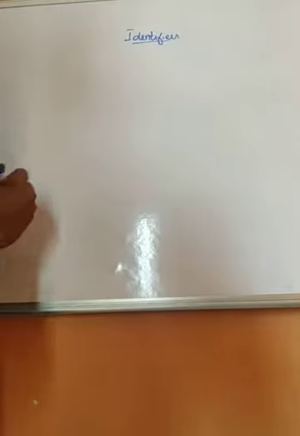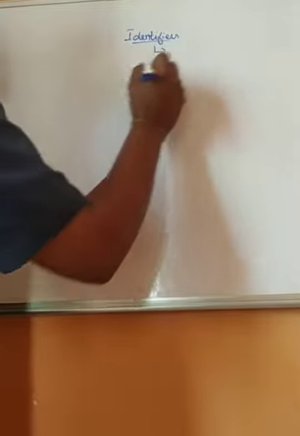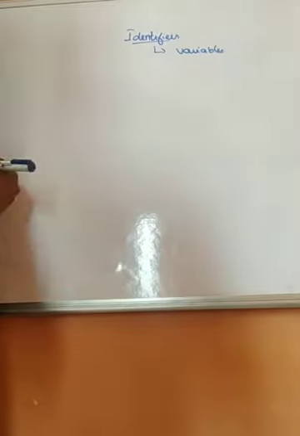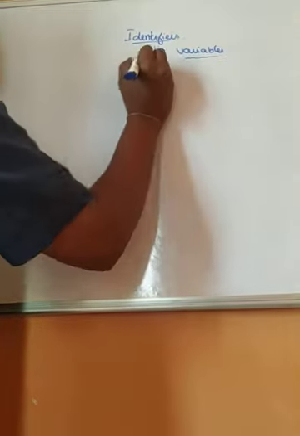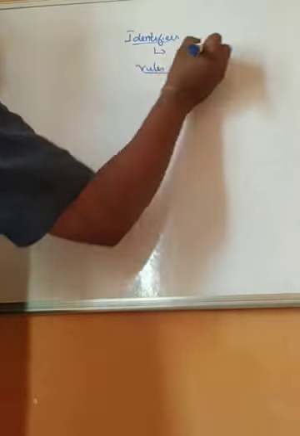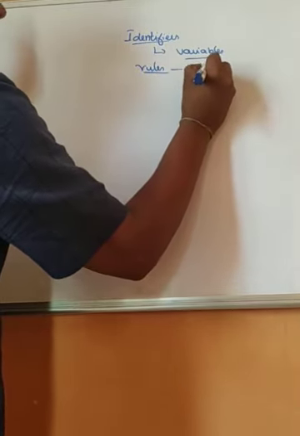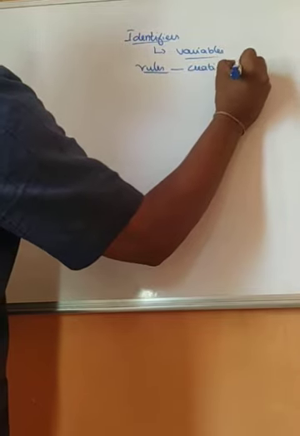So what is an identifier? It's a named thing. I'll be declaring a variable inside the program. When I want to write a program, I have to create variables, and we have certain rules to be followed for creating a variable.